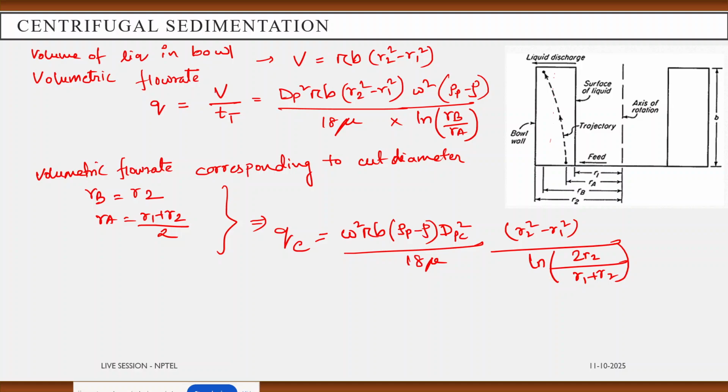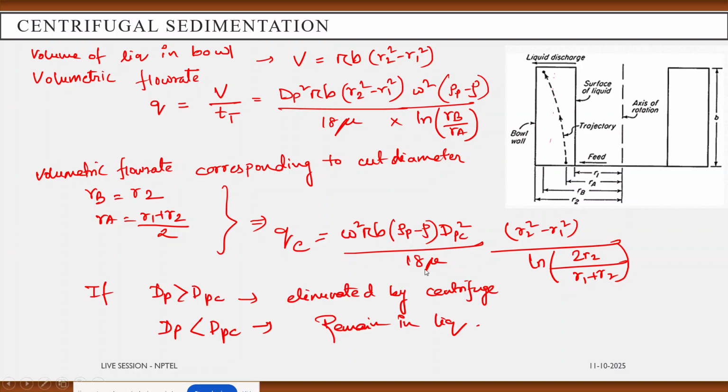Okay, so in this condition of volumetric flow rate, if dp is greater than dpc, then it is eliminated by the centrifuge. But if dp is less than dpc, then they will remain in the liquid.